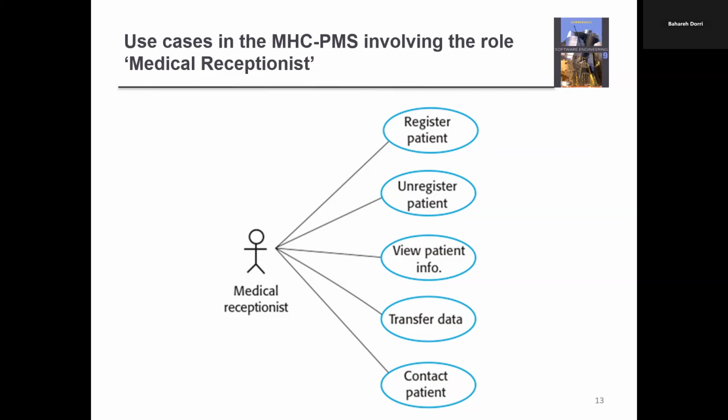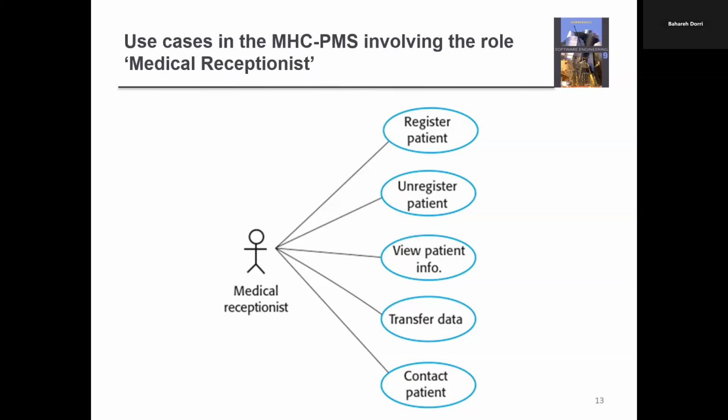They can register a patient, which likely involves entering demographic and insurance information. Unregister a patient, maybe when someone moves to another provider or no longer uses the service. View patient information, which could include medical history, contact details, or appointment status.